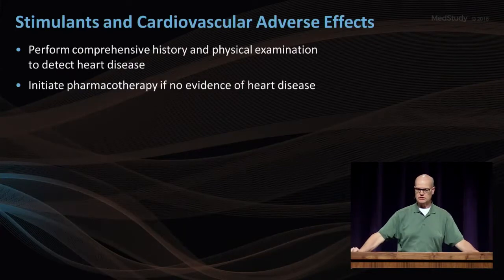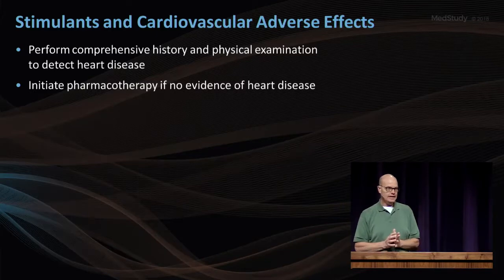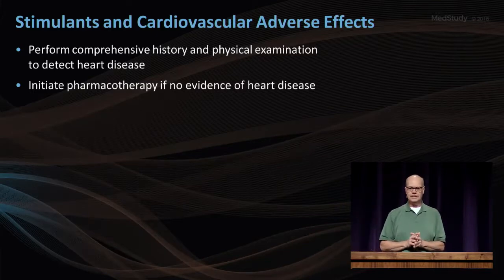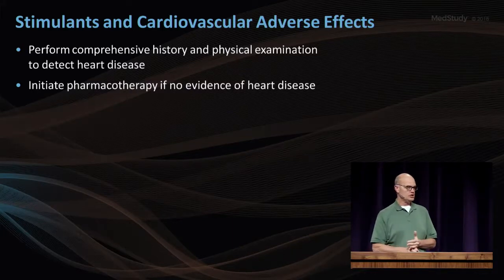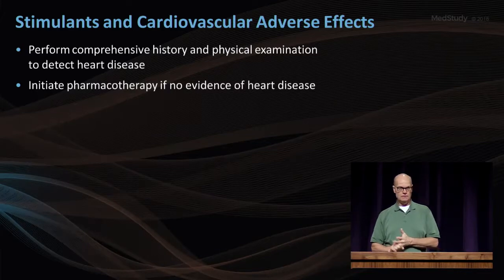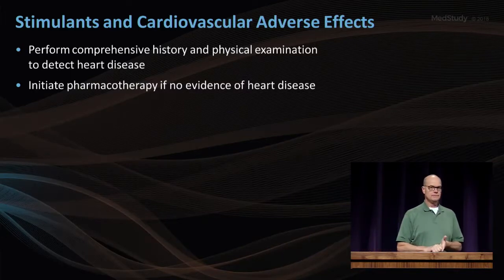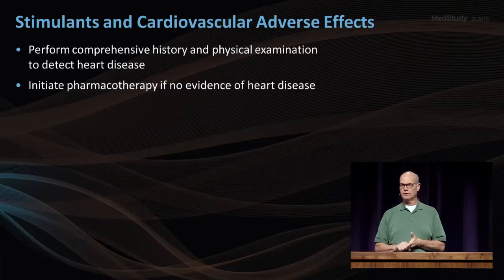Now, what about stimulants and cardiovascular adverse effects, to get back to the question? It is important to perform a comprehensive history and physical exam to detect heart disease. Family history of sudden death, family history of unexplained early MI, for example. Physical exam is very, very important.